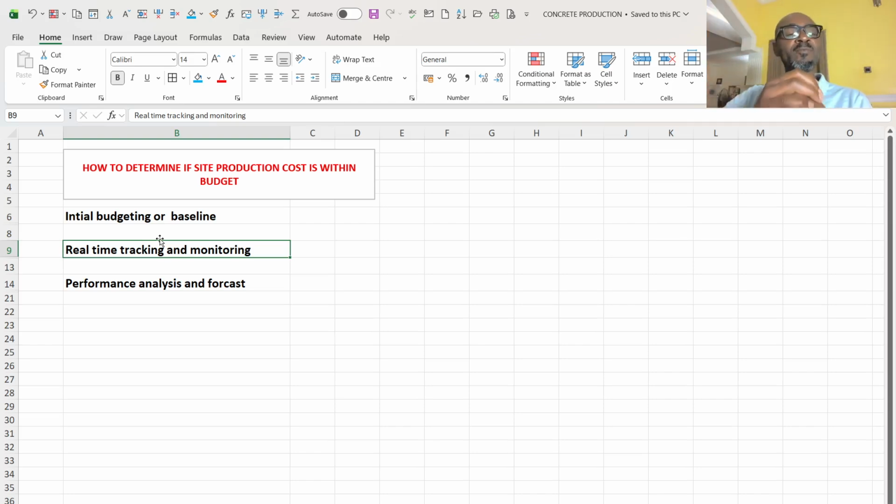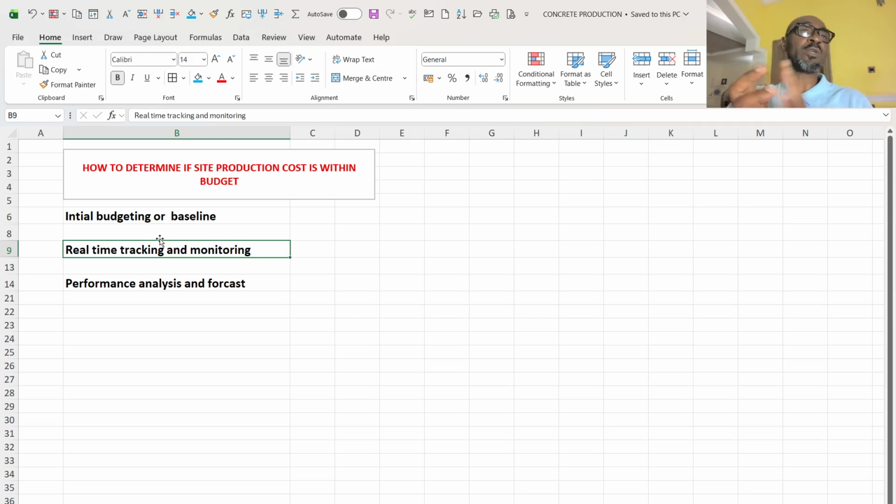Then the next item is real-time tracking and monitoring. During the construction phase, you have to ensure that you keep your data properly, and also ensure that these data are accurate.